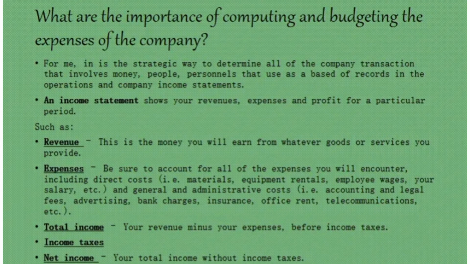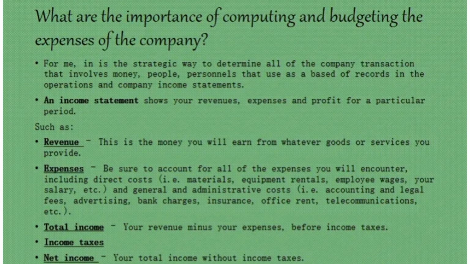Examples are accounting and legal fees, advertising, bank charges, insurance, office rent, telecommunications, and so on. Those belong to the expenses that a company is required to have, or as a company owner we need to record all these expenses, and then we are going to compute after that period.